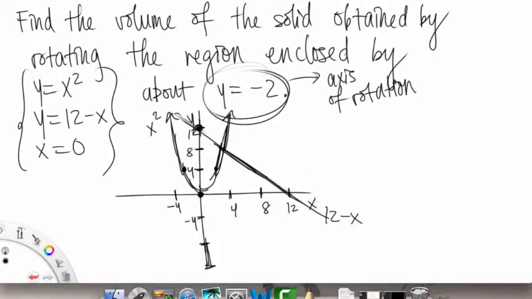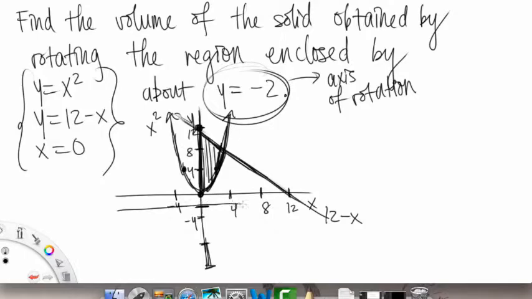All right, so far we have these two borders, and then we also have x equals 0, so that means our y-axis. That forms our third border. So the region that we're looking at is actually this thing right in here. Now, we're going to have to rotate it about the y equals -2 axis, and -2 is down here.